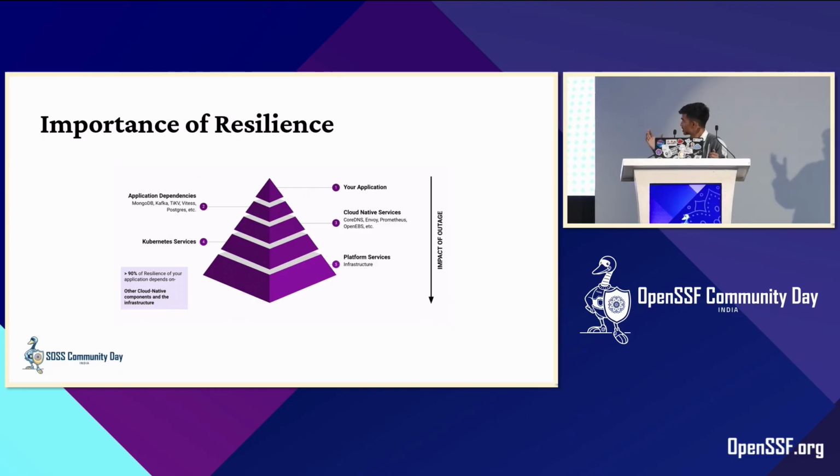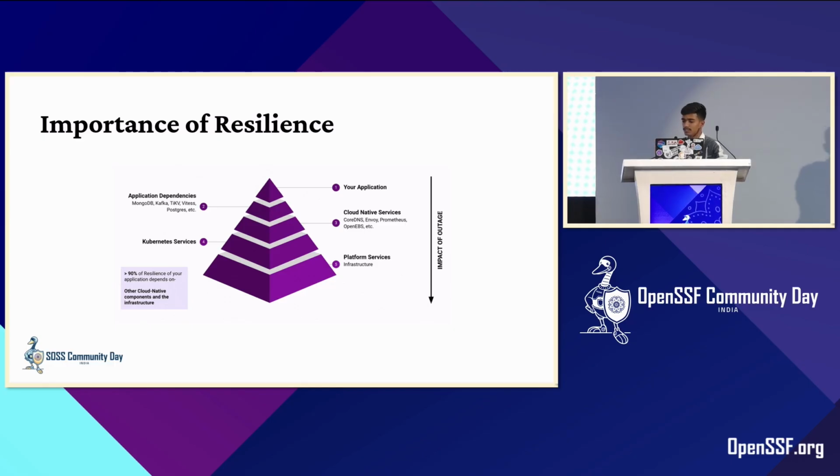So after the application, the next layer of dependency is Kubernetes itself. The application really depends more on the underlying stack rather than on your application itself. That means your application's resilience mostly depends on the Kubernetes stack rather than the application.